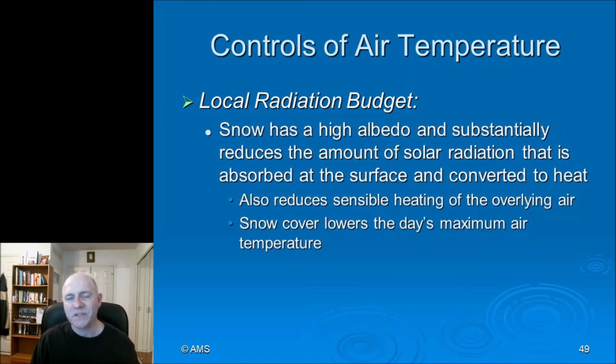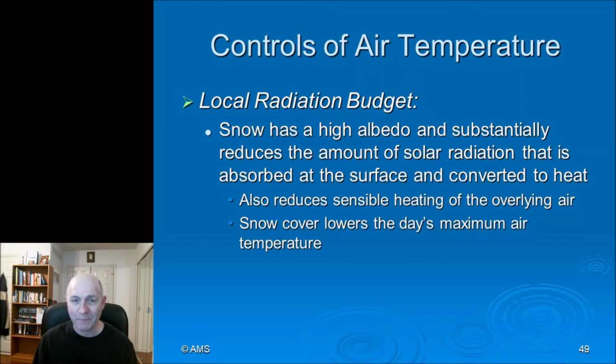We do think about snow, especially this time of year. Snow has a very high albedo, or reflectivity, and dramatically reduces the amount of incoming solar that is absorbed and converted to heat. It's very reflective in the visible part of the spectrum. As a result, the air over top of it isn't going to get as warm, and that's going to lower the maximum temperature for the day.